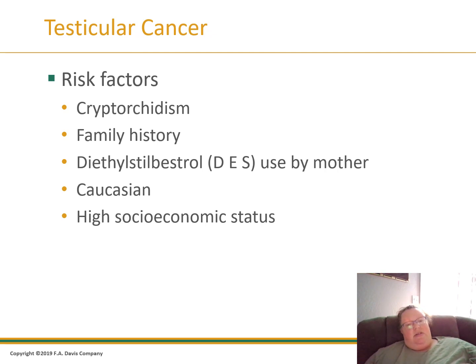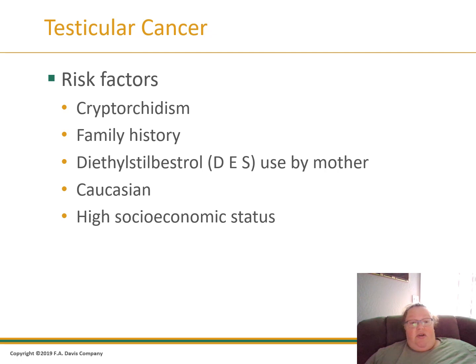For testicular cancer, your risk factors: if you were born with your testicles not descended, you're at a higher risk for developing testicular cancer later in life. Also family history, or DES used by the mother during pregnancy. Back in the 70s, they had an anti-nausea medication that they were giving out to women during pregnancy that was supposed to be completely safe, and it turns out it wasn't.